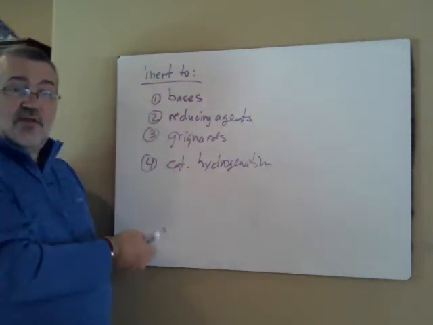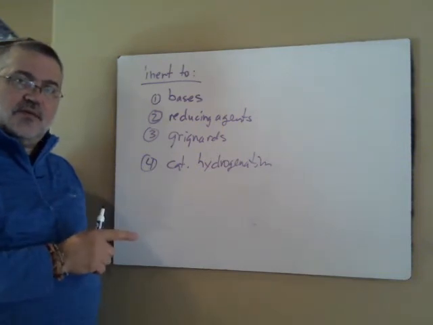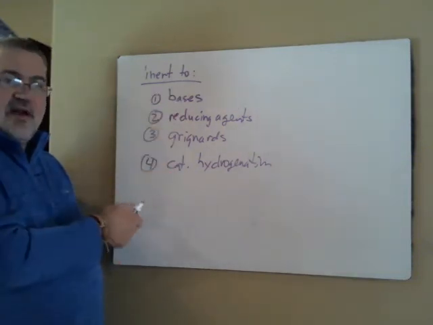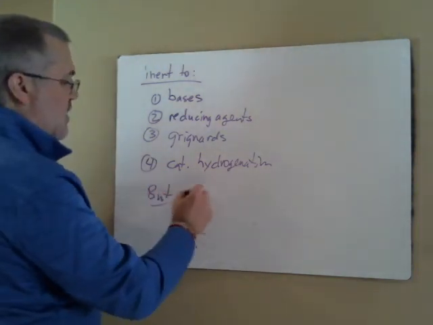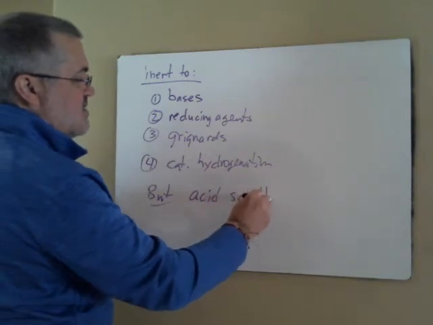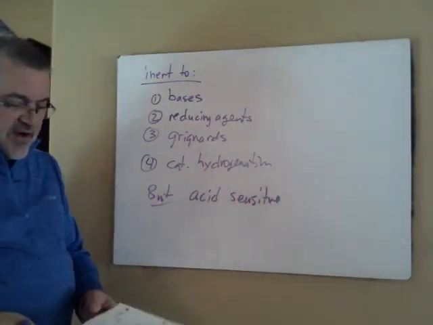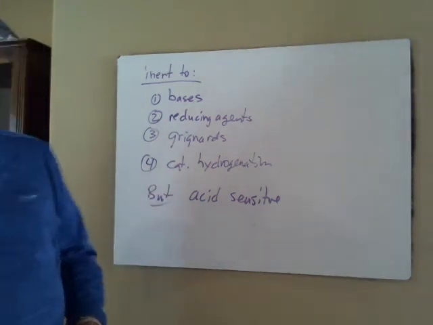And certainly that's true here. But it has to be easy to remove also. And if you notice, there's one thing that's not on this list that's pretty common. It's acid sensitive. You can remove it very easily by treating it with an acid.